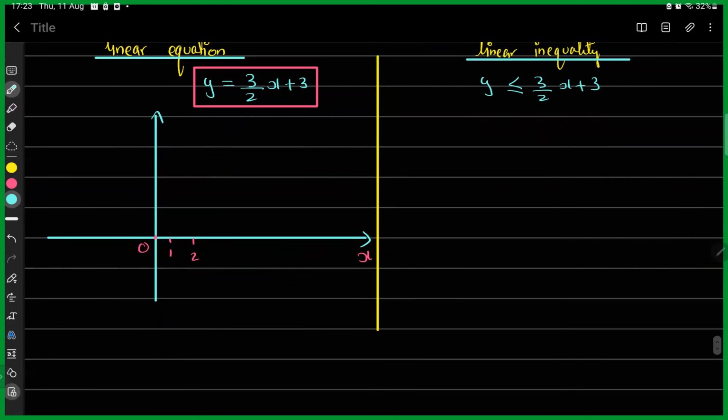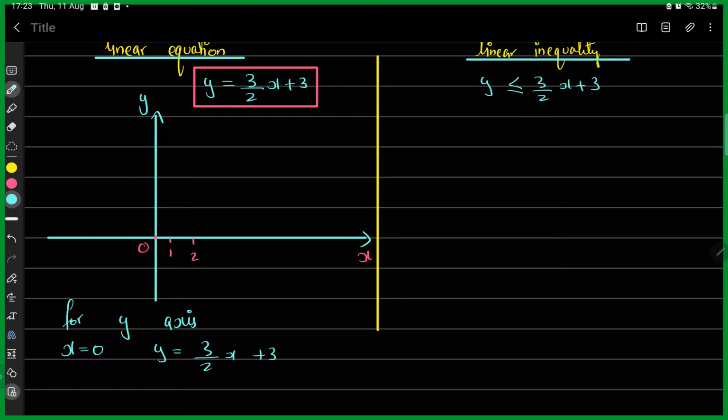Okay. What I will do is I will just find the axis points. Like this is my y-axis, the other one is my x-axis. I know that on the y-axis, x is 0. So for the y-axis, I will put x equals 0 in y equals 3 by 2x plus 3.